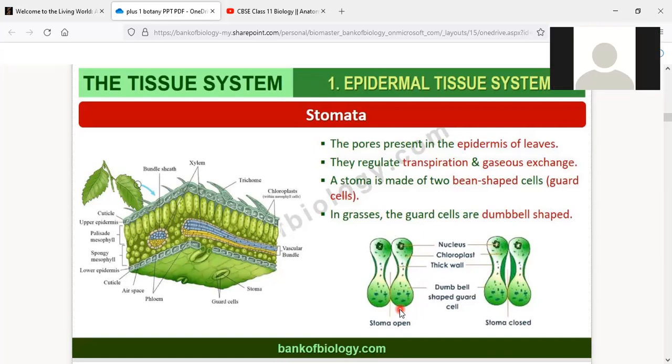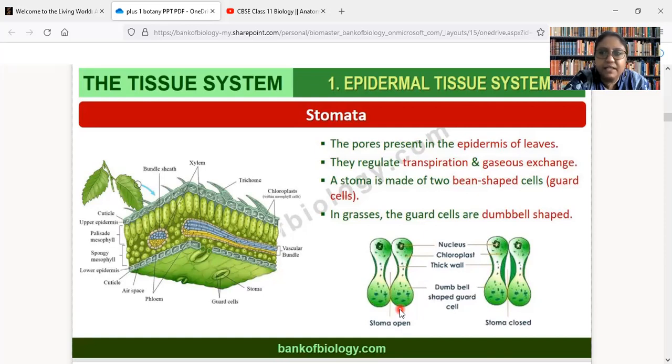Yes. If there is water scarcity, we will learn about the opening and closing mechanism of stomata in chapter number 11. You will come to know that various theories were proposed to describe the mechanism of opening and closing of stomata. They are related to the situation the plant is in.